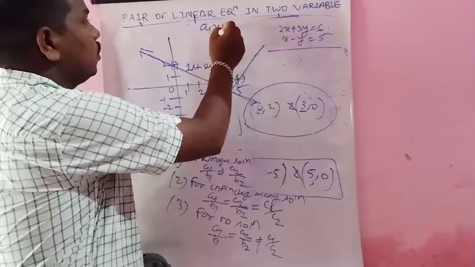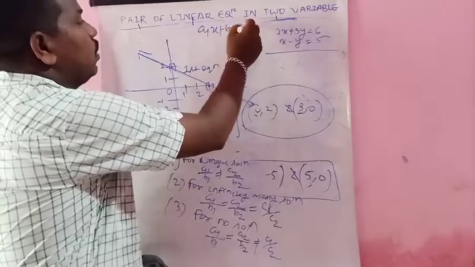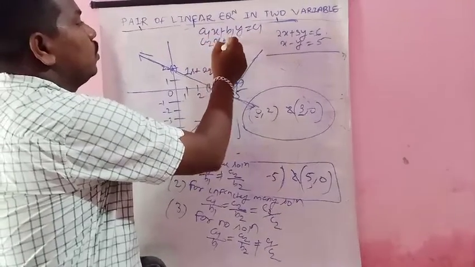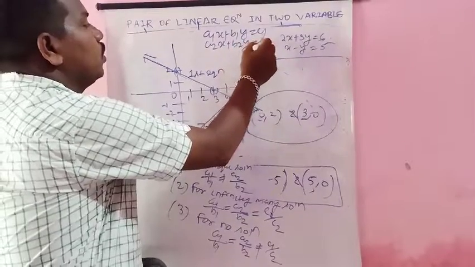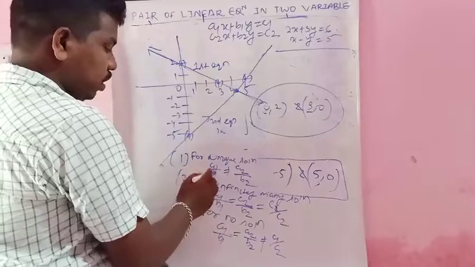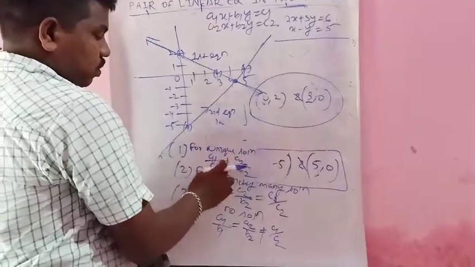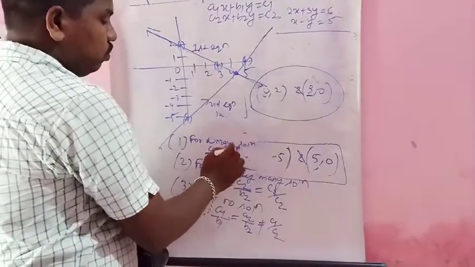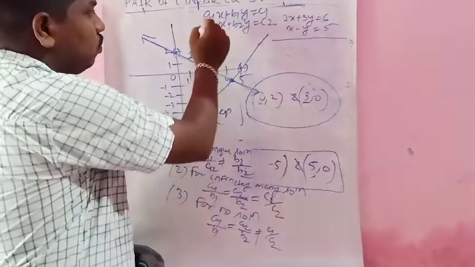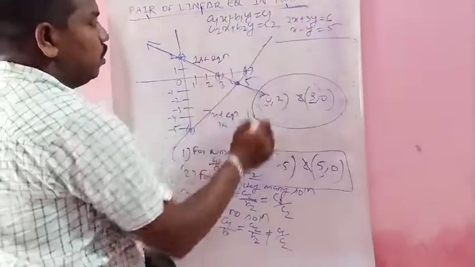For the equations a1x plus b1y equal to c1 and a2x plus b2y equal to c2, the conditions in terms of a1 by a2 are: for a unique solution, a1 by a2 not equal to b1 by b2.